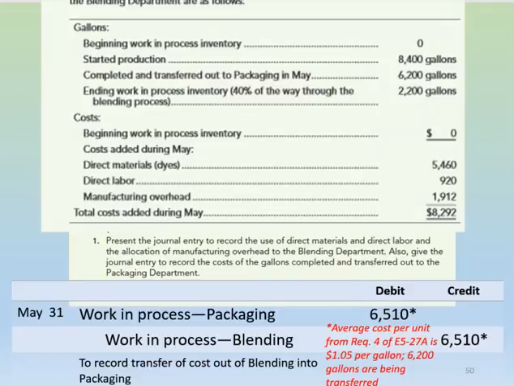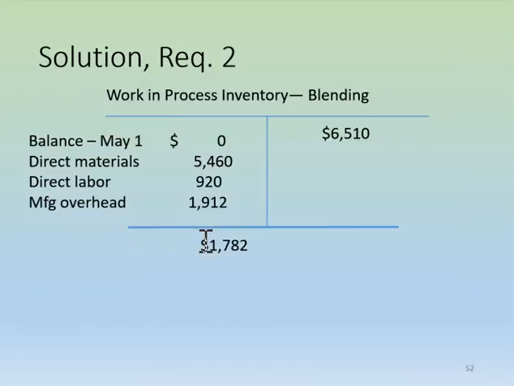Now the very last part of the problem asks us to go ahead and show a T account for work in process inventory, the blending. So to kind of show you what happened when we do all of these journal entries together.